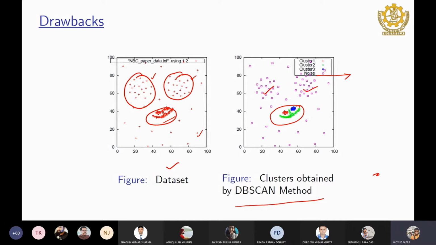So always we will get 3 clusters, and there is no combination of epsilon and minimum point that gives us 5 clusters. Why are we saying 5 clusters? Here actually there are 5 clusters. This is one cluster, this is one cluster, and here 3 clusters.